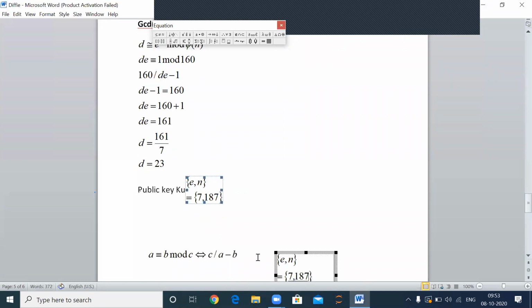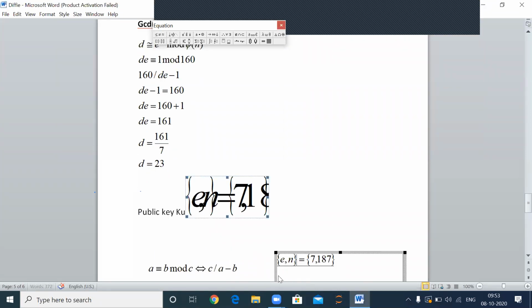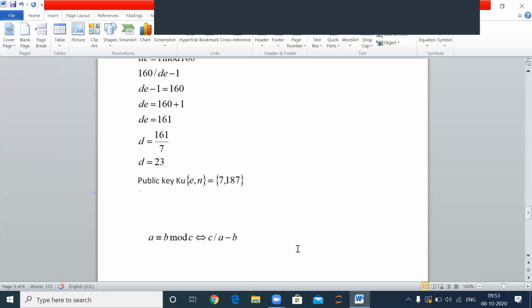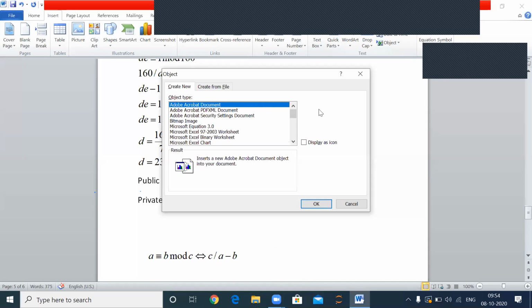Similarly, what is the private key? The private key components, that is KR, is equal to private key d comma n.